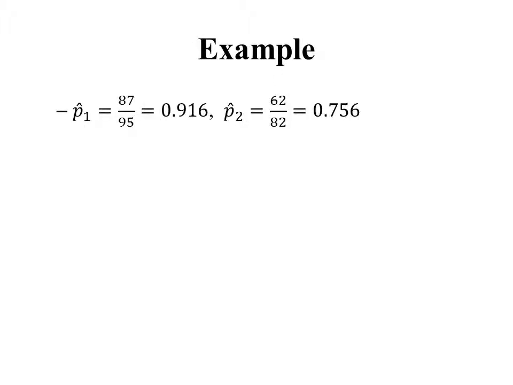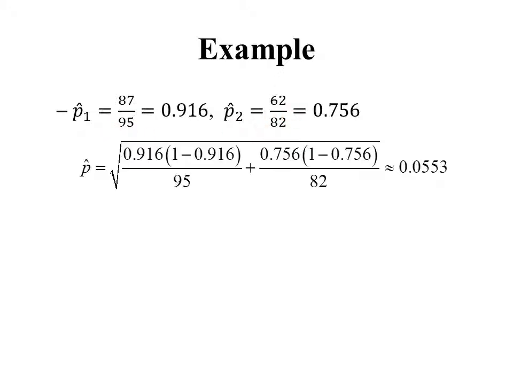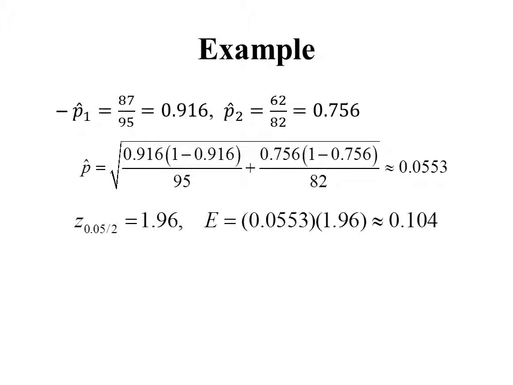And so going back to our example, we were given here that p hat 1 was 0.916 and p hat 2 was 0.756. n1 is 95, n2 is 82. And so now we're ready to start plugging stuff in. First we calculate p hat, and here's our p hat 1, p hat 2, n1, n2, do the arithmetic, and there's p hat.